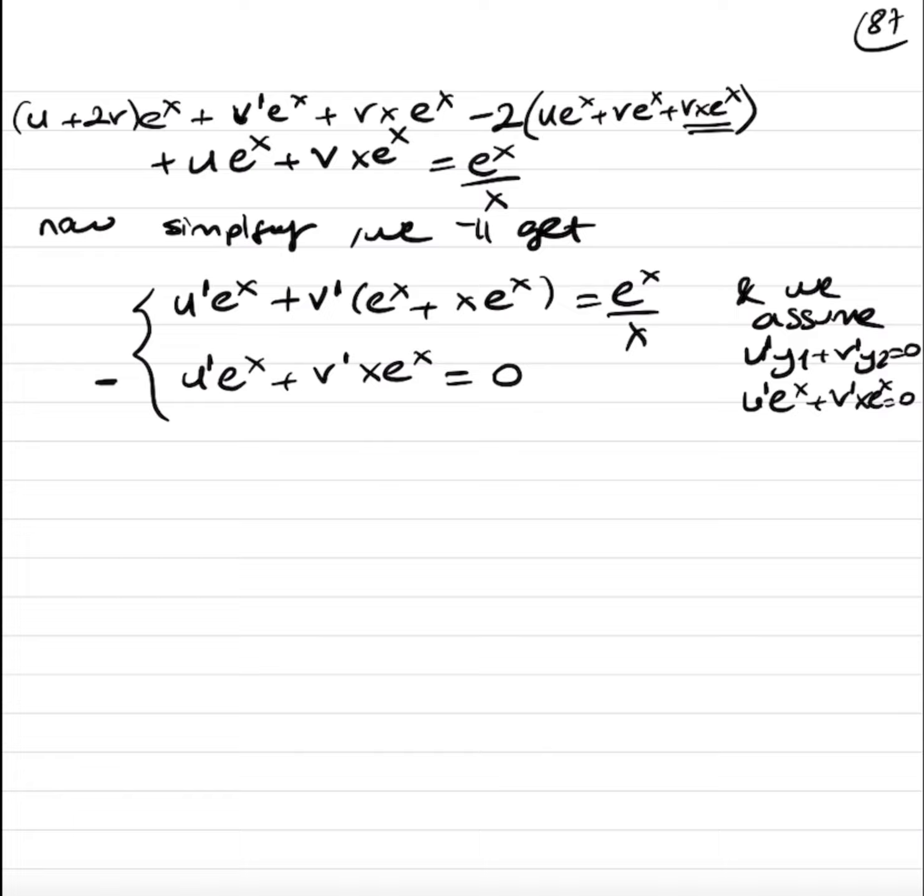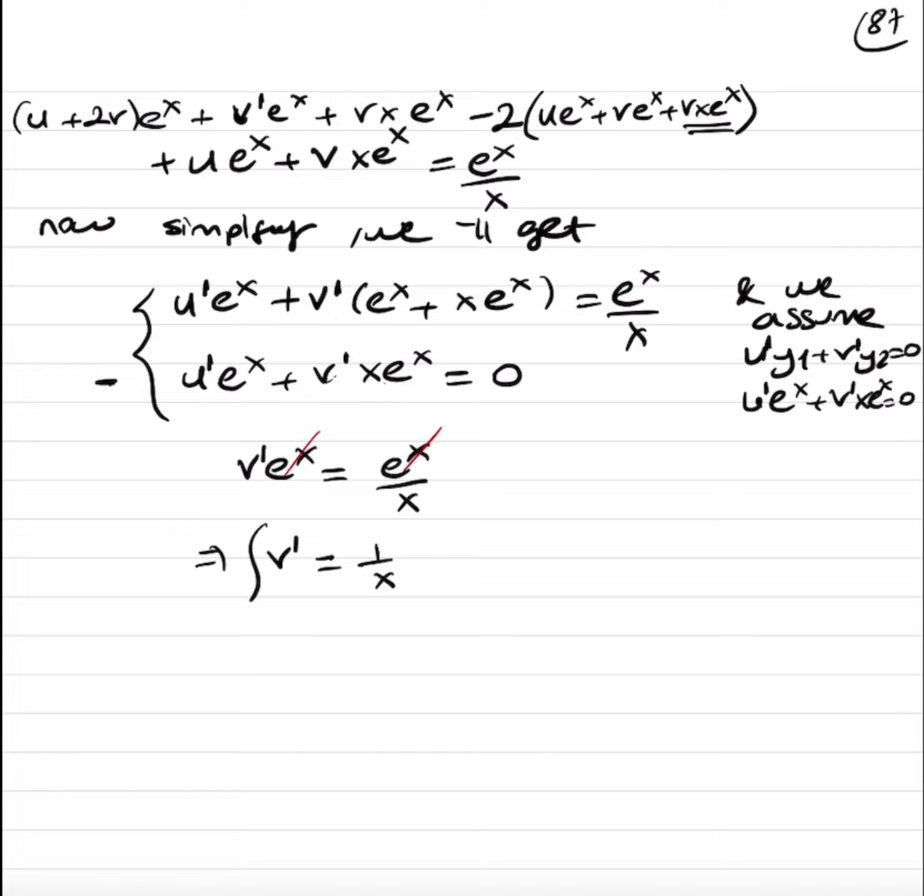If we multiply the second equation by minus 1 and add it to the first one, we will find v prime e to the power x is equal to e to the power x over x, because the terms u prime e to the power x and v prime x e to the power x cancel. Then we simplify more, canceling e to the power x, so v prime is equal to 1 over x.